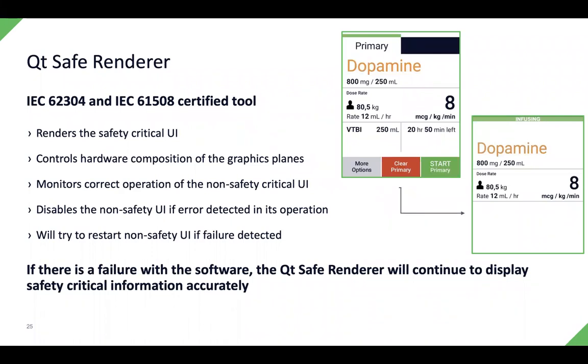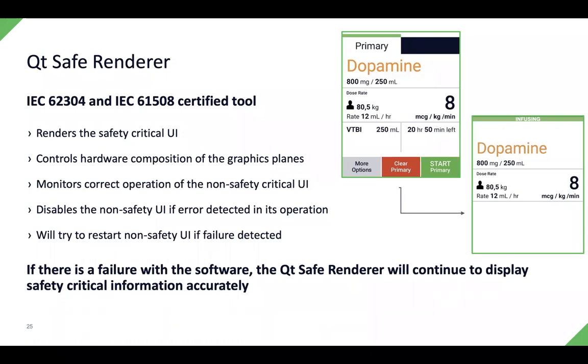It renders the safety critical UI. It controls the hardware composition of graphic planes. It monitors the correct operation of the non-safety critical UI. It disables the non-safety critical UI if an error is detected in its operation, and will try to restart and reboot if there's a failure detected. What does all that mean?